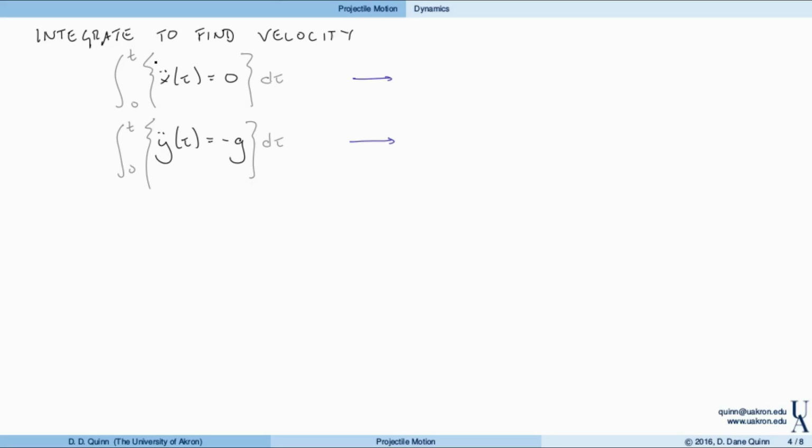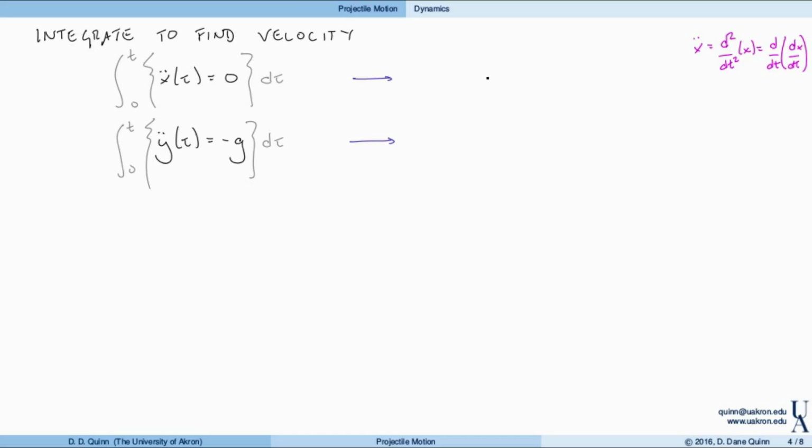Now, integrating this, the left-hand side is the integral of a derivative. In particular, x double dot is the second derivative of x, or it's the derivative of dx/dt. So when I integrate the derivative of dx/dt, I simply get dx/dt evaluated at the limits of integration.